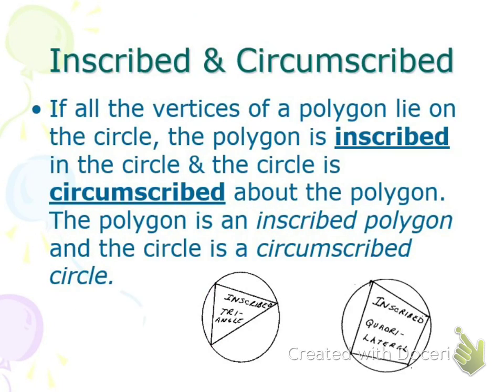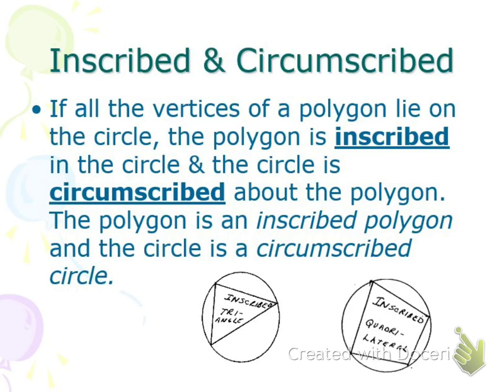At the very bottom of the front side, we're talking about inscribed and circumscribed polygons. If all the vertices of a polygon lie on the circle, the polygon is inscribed in the circle. And we could say the circle is circumscribed about the polygon.